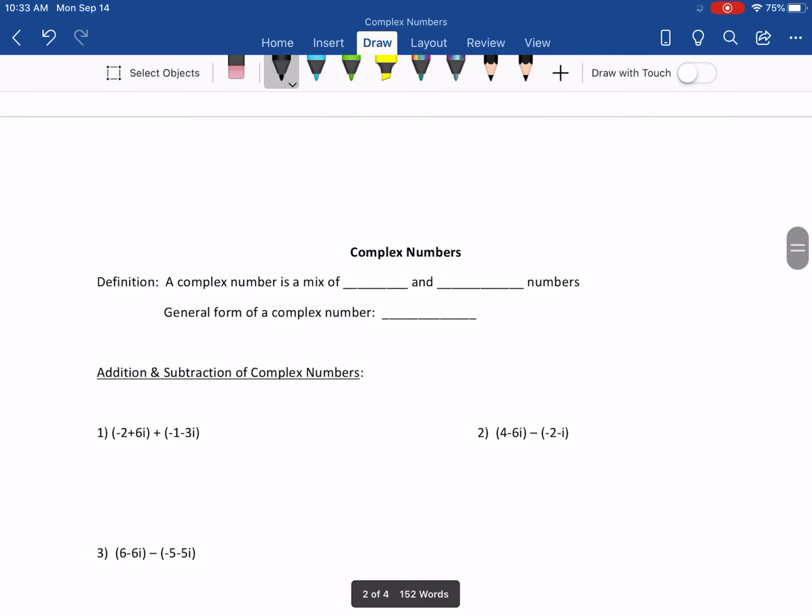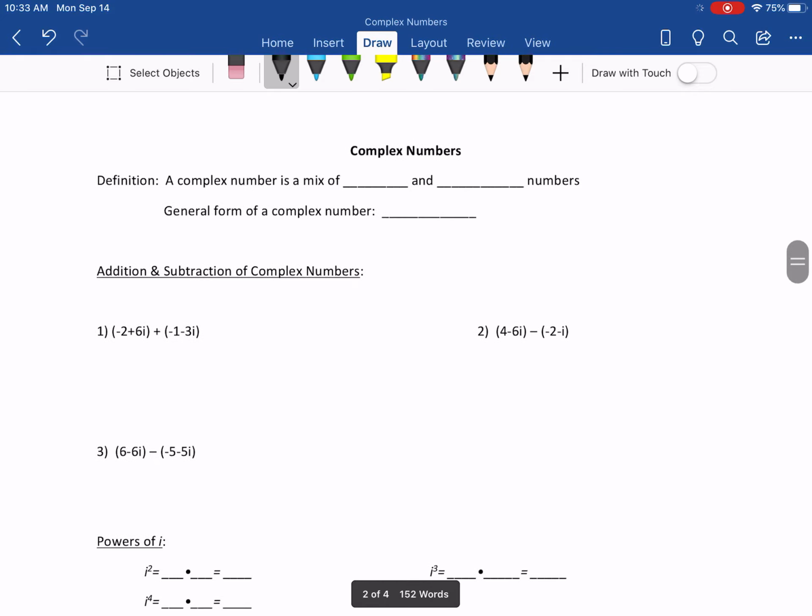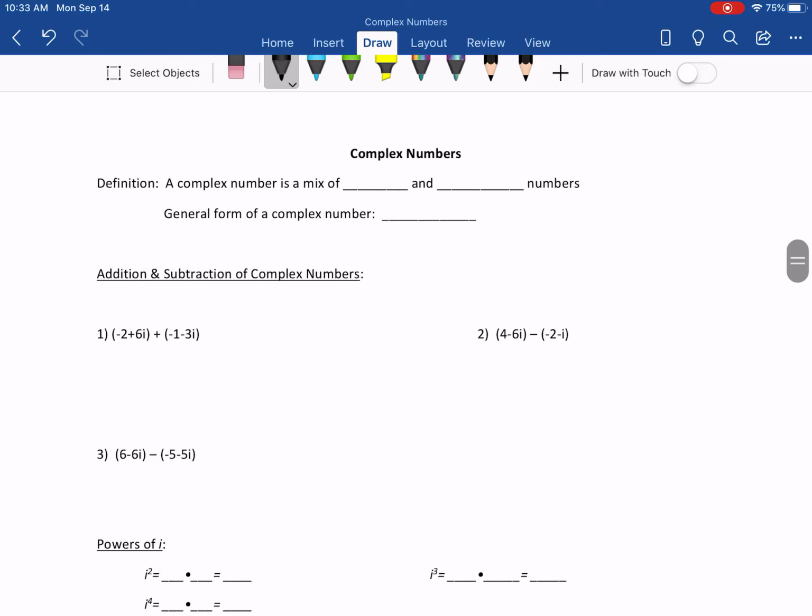Okay, let's get into today's lesson. So last time when we were simplifying radicals, we talked about radicals that have a negative inside the radical, or the radicand, and those involved i.